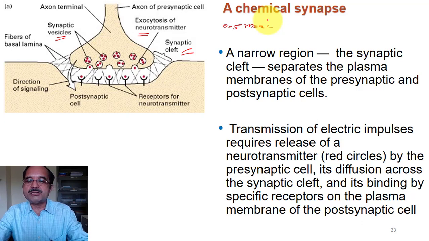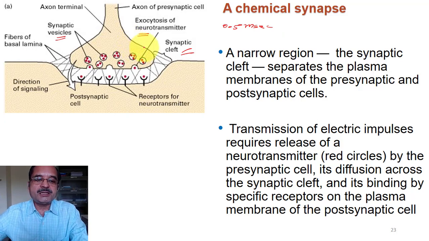Binding of the neurotransmitter triggers changes in the ion permeability of the postsynaptic plasma membrane, which changes the membrane's electric potential at this point. If the postsynaptic cell is a neuron, this electric disturbance may be sufficient to induce an action potential.